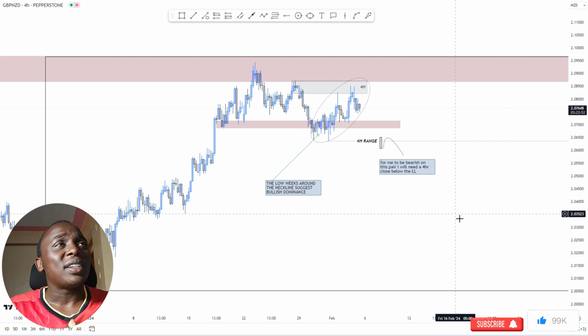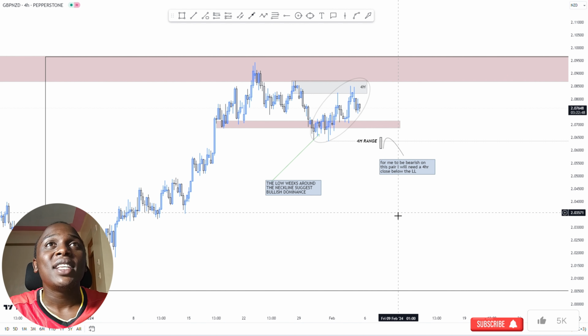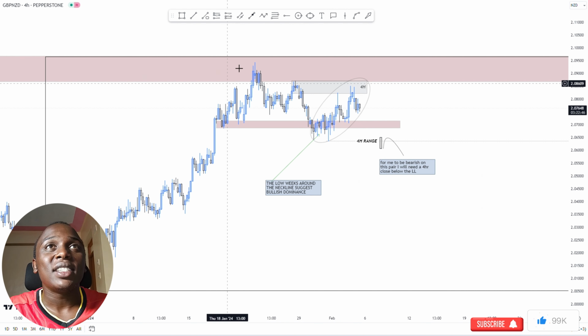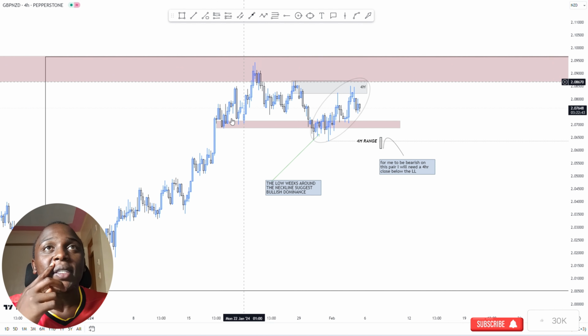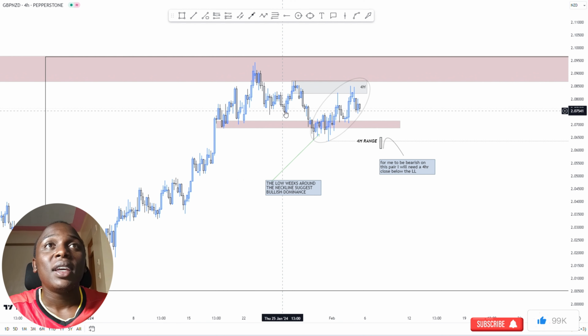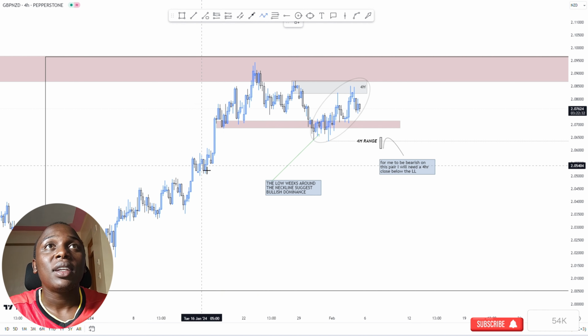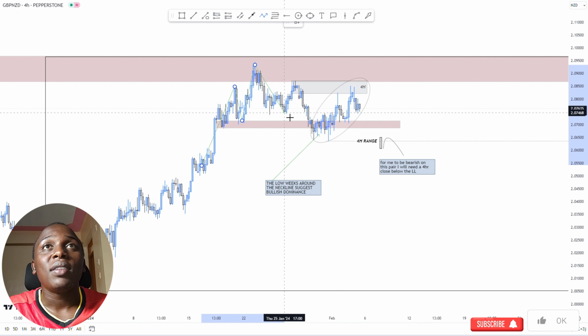So looking at the 4-hour time frame for GBPNZD, we can clearly see that after price touched the daily resistance zone, there was this change in trend. The previous neckline, which is right here, because as you can see the market was forming this head and shoulder pattern right here. That was the first shoulder, the head, and then you have the other shoulder, and then it broke below the neckline.